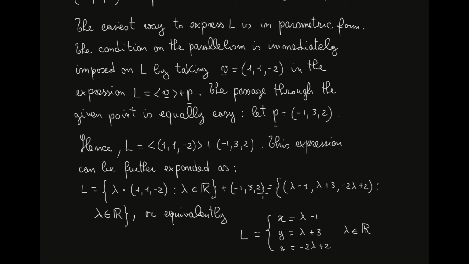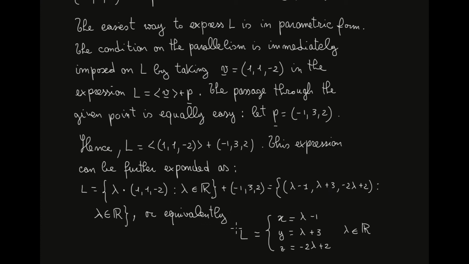And at this point, we also sum this vector up, so that we get a generic vector in the line of the form (lambda minus 1, lambda plus 3, negative 2 times lambda plus 2), with lambda that ranges in R.